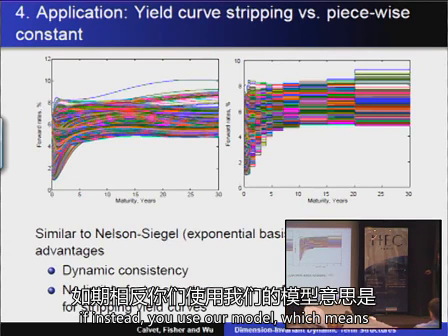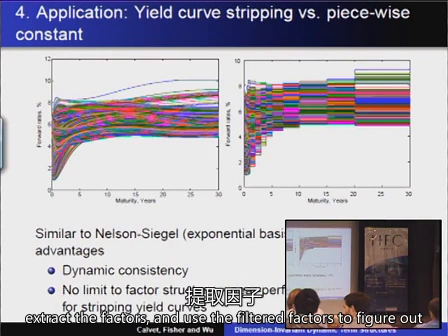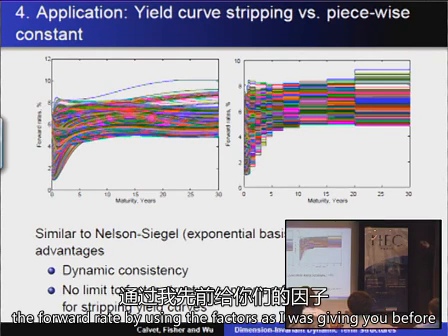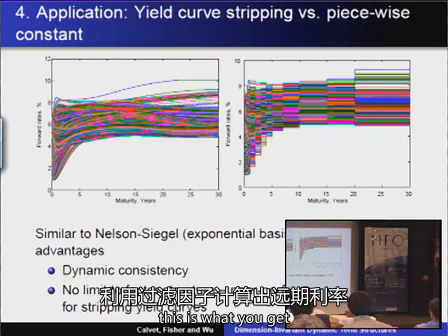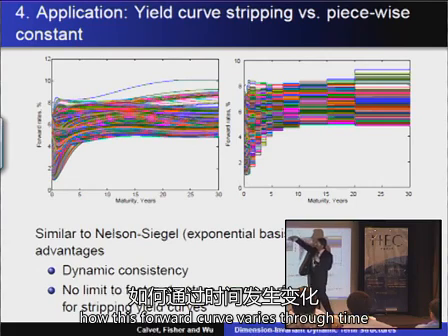If instead you use our model, which means you fit the yield curve at a given point in time, extract the factors, and use the filtered factors to figure out the forward rates by using the formulas I was giving you before, this is what you get. You get nice, smooth, arbitrage-free forward rates. And here you see how this forward curve varies with time.